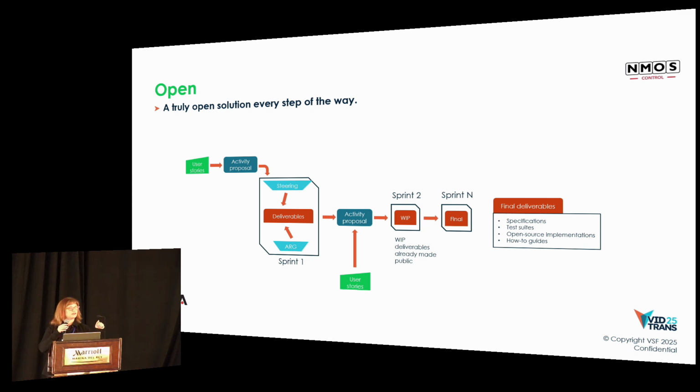The NMOS Architectural Review Group gives guidance throughout the sprint, which finishes with a set of deliverables. And at this point, some of those may be already available in the public domain as WIP. Typical activities take more than one sprint to gather enough user stories to meet the criteria for publication.